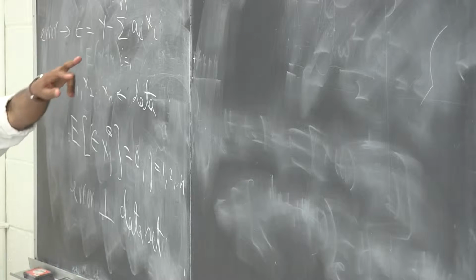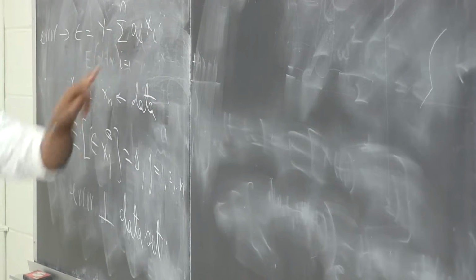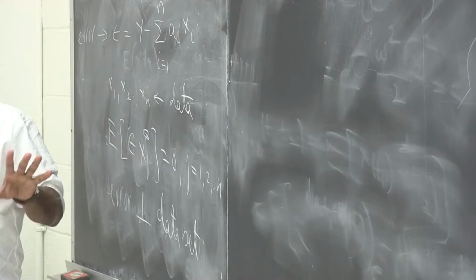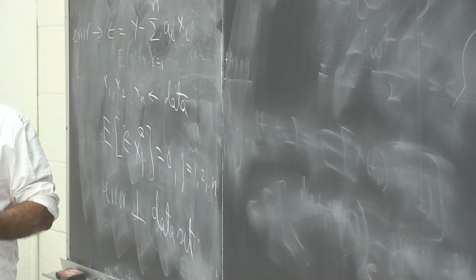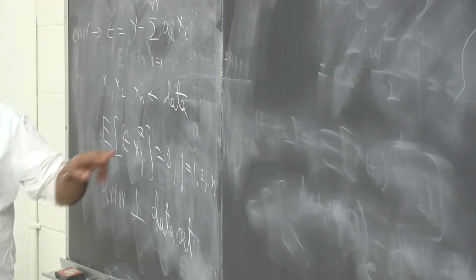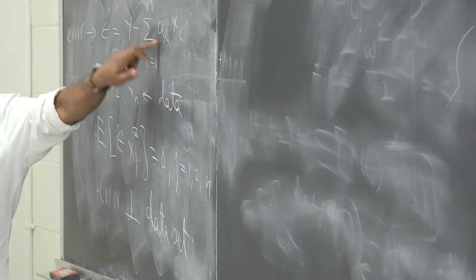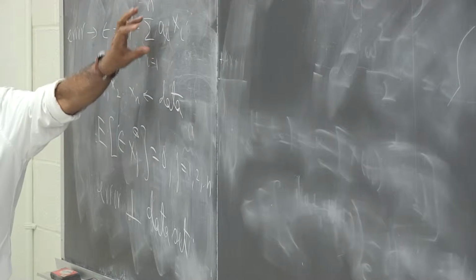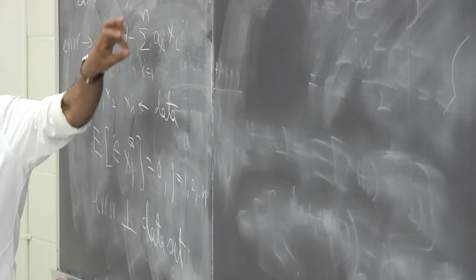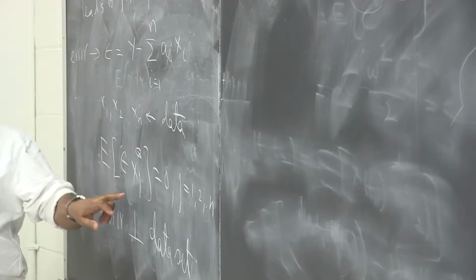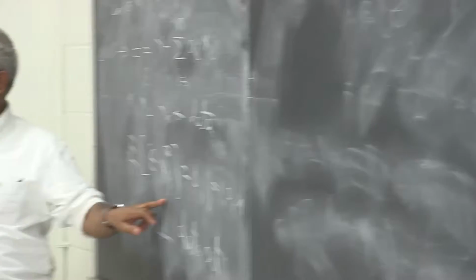You choose the constants such that the error is orthogonal to the data set. Your choice is in selecting these ai's. For the best linear estimator, these ai's will be selected such that this error turns out to be orthogonal to the data.